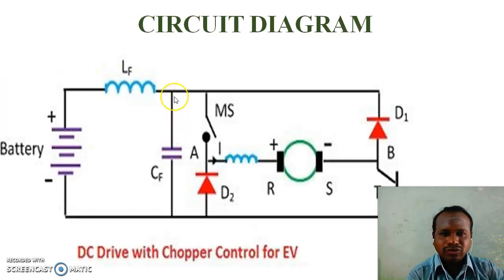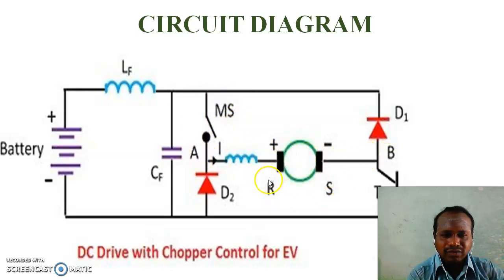This is the power circuit diagram of a battery operated vehicle. This is the battery, and LF and CF are the inductive filter and capacitive filter. This MS is the main switch, and A and B are the terminals.